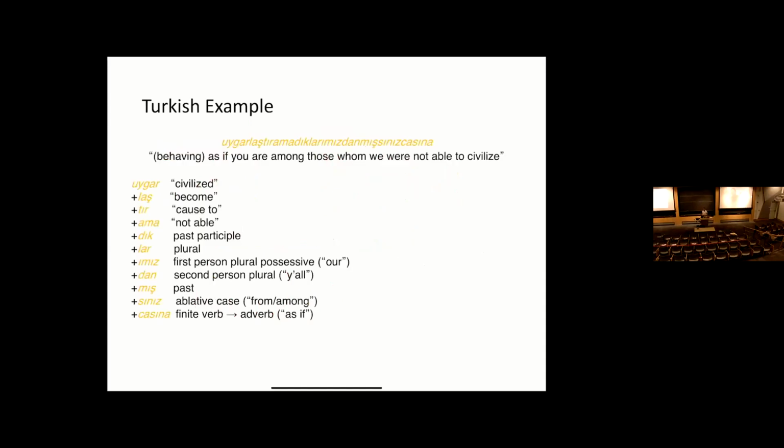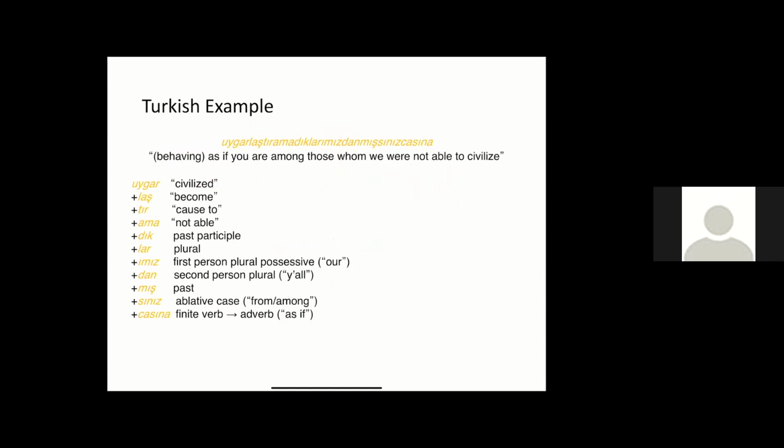So why do we care? Well, we care because a lot of languages are sort of like Turkish. We have a Turkish speaker somewhere in this class, right? Yeah. So could you read this word for us?